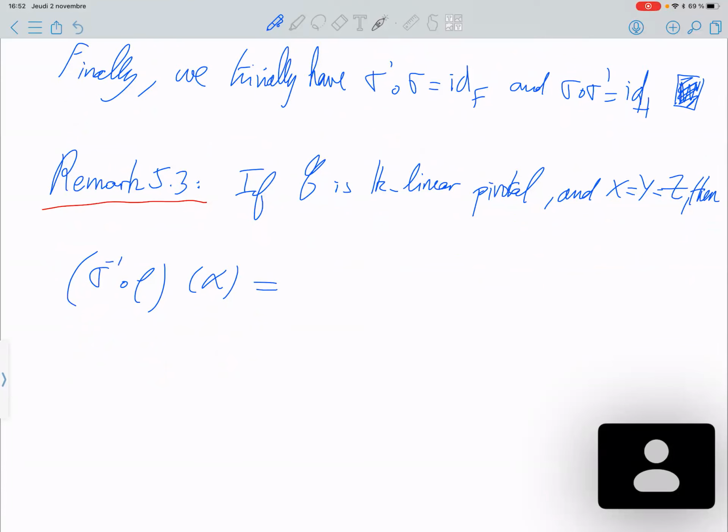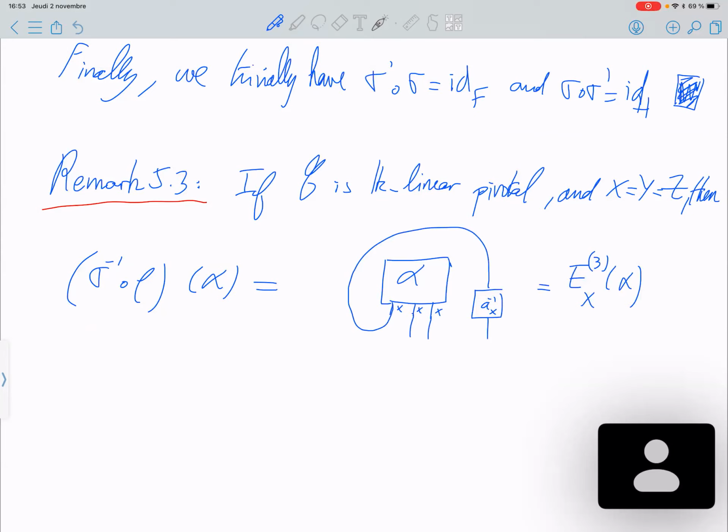So this composition is like that: X, X, X. So rho and then sigma inverse, which is, if you remember, exactly the map involved in the definition of the Frobenius indicator.